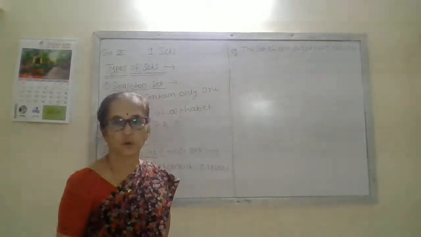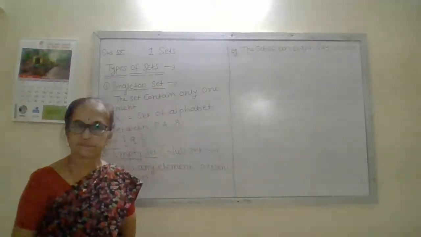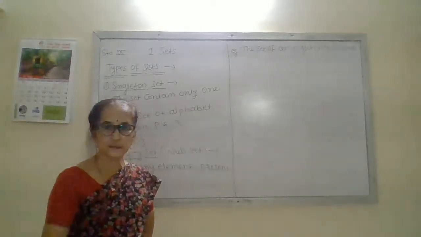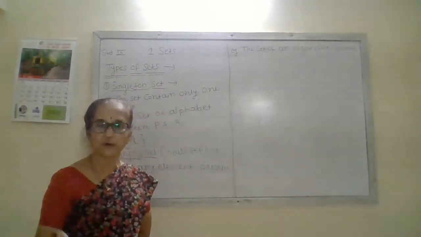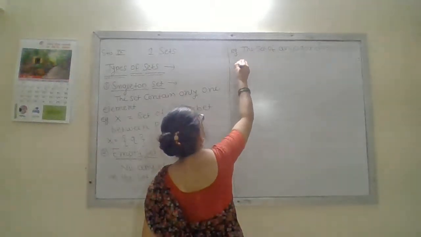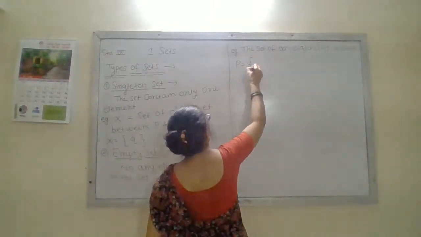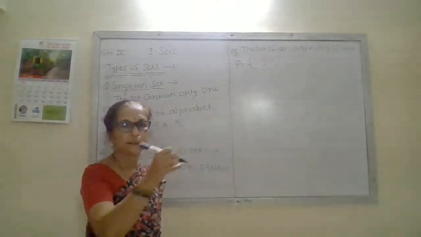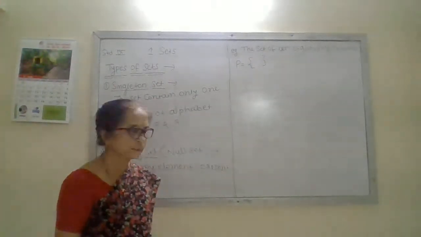You know how many days are in a week? 7 days. Maybe there is an 8th day, since the days come again by rotation. But an 8th day of the week is not there. Therefore, if we call this set P, then I will write the empty set, because there is no 8th day of the week.